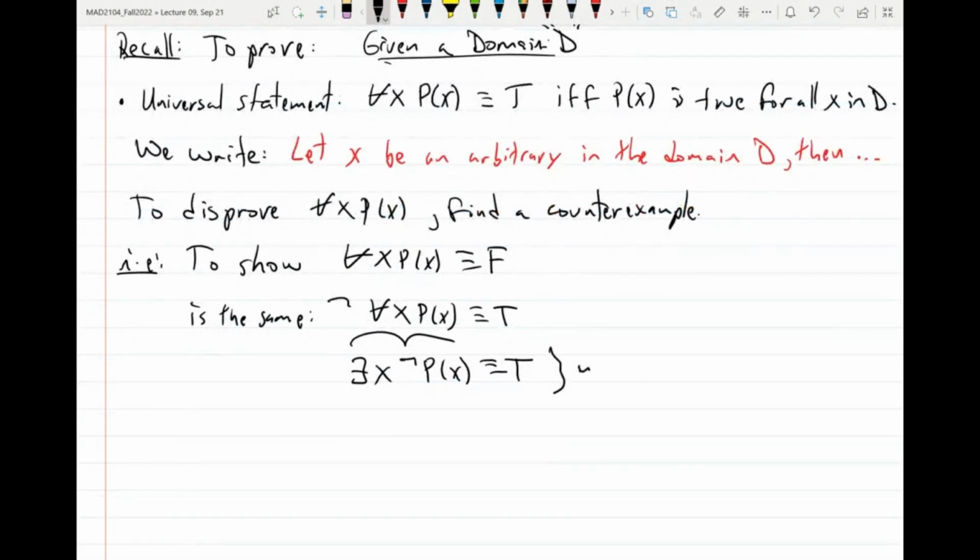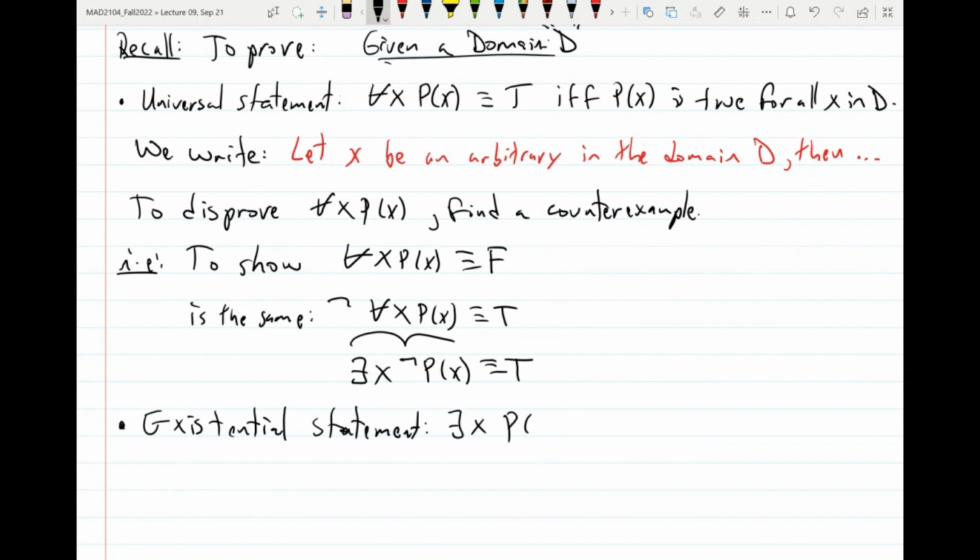So we prove an existential by giving an example. Let me write it. Another point here. Existential statement.